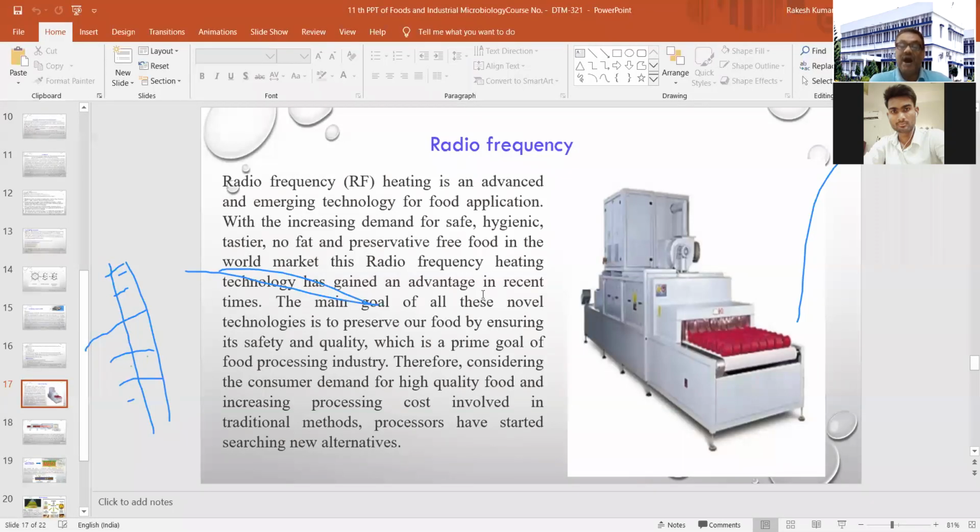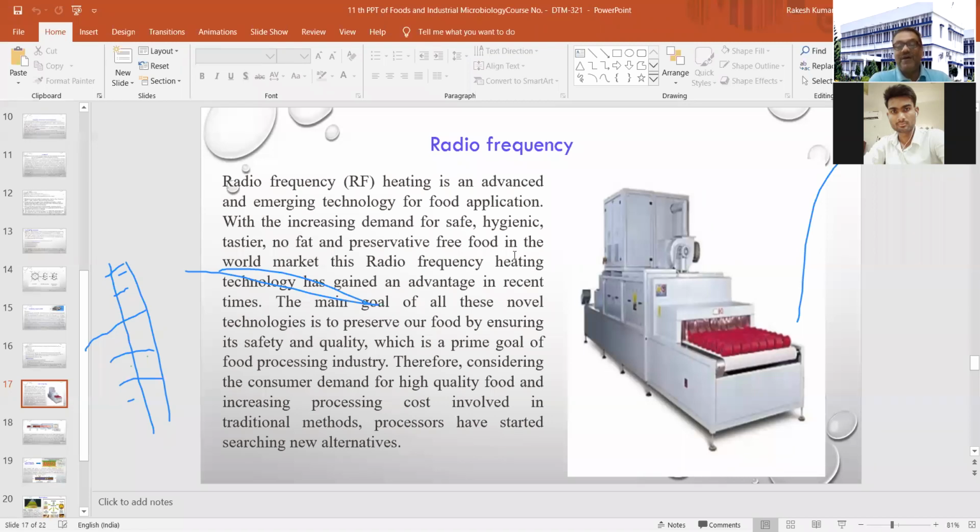With the increasing demand for safe, hygienic, tastier, no-fat and preservative-free food in the world market, radio frequency heating technology has gained an advantage in recent times. I have already told you that people have started producing different types of food items. They have started combining different food components extracted from different sources.